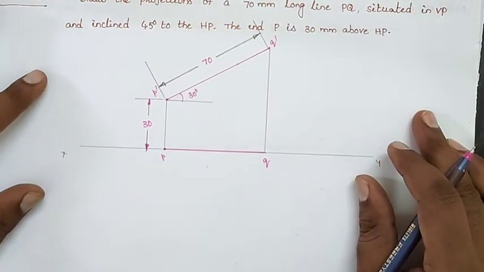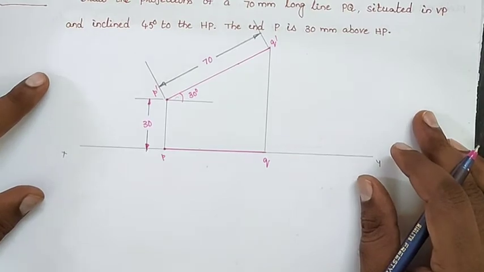So this is how, when a line is situated in VP and inclined to HP, we will draw the projections.